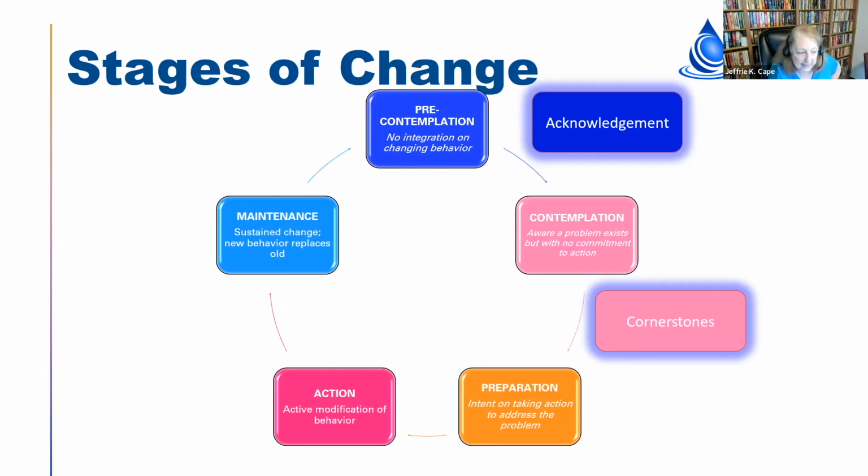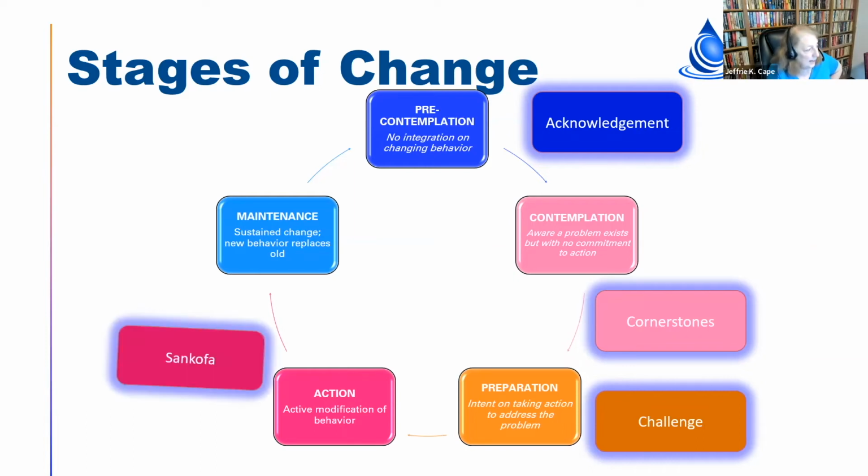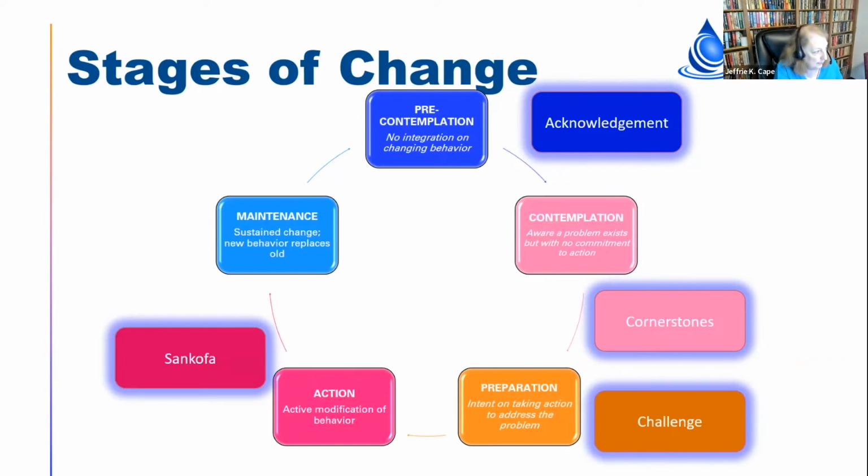And so they're building the skills up that will make it so that they can take action. And when they move to action, they begin the process of modifying their behavior and then working towards the sustainable change. And so we're going to go through these pieces, and I'm going to take you inside what happens in these different stages, and how they match up with the stages of change model.